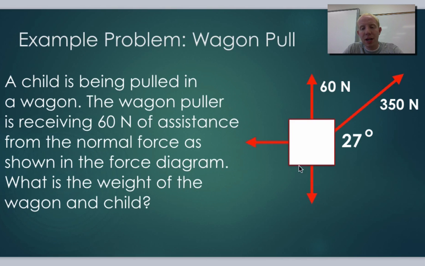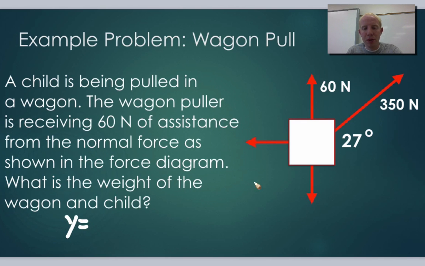Now, you might be tempted to say, oh, well, it's 60 newtons here, so it must balance out. It must be 60 newtons there. But again, you got to remember this has components. So to start, let's find the components of this vector. Okay? We don't actually need the x component, right? Because we're not worried about this for this problem. We're focused on the y direction. So let's just find that first.